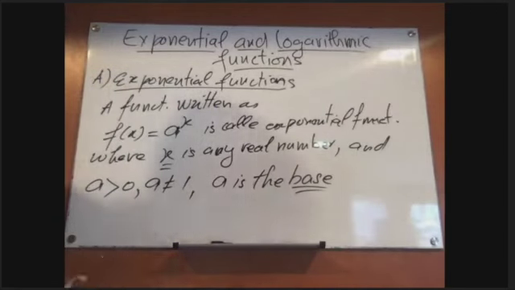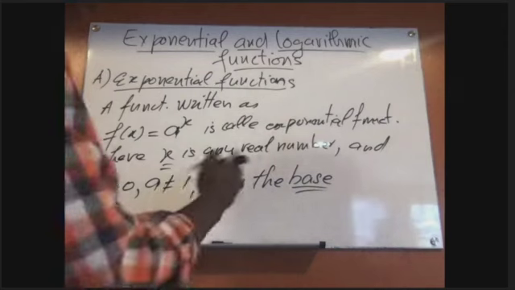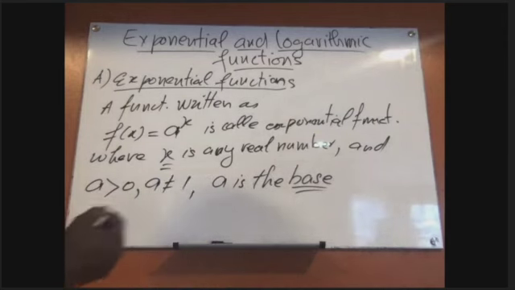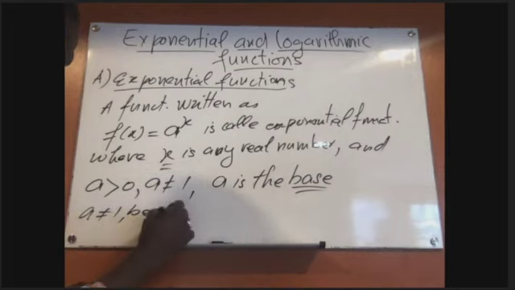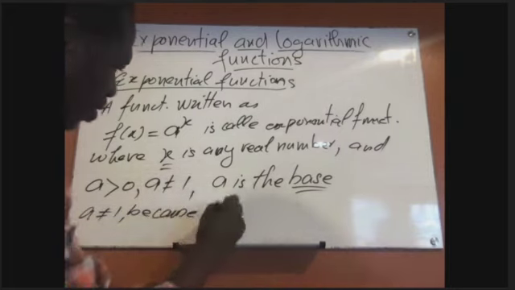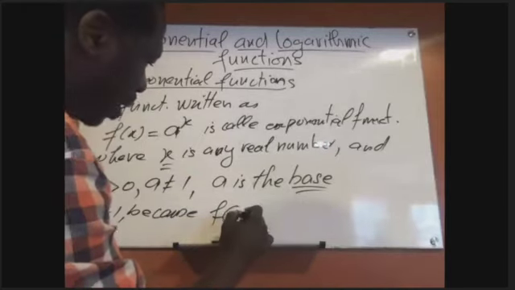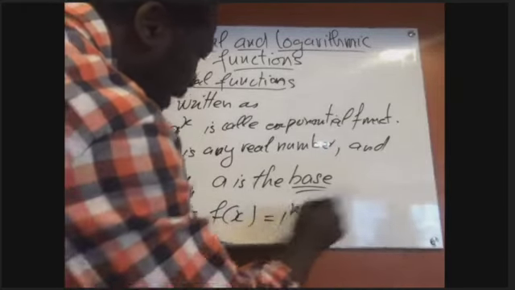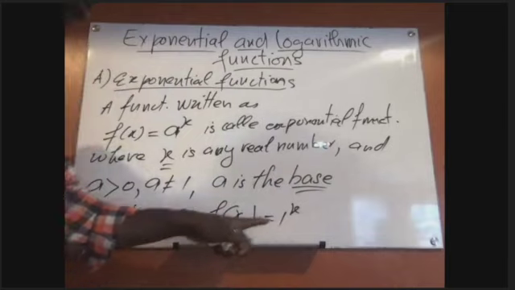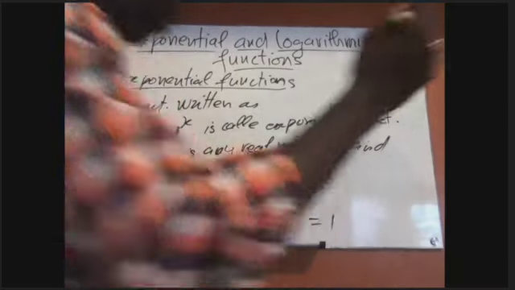Now, the reason why a cannot be 1 is because f of x equals 1 to the x, and 1 to the x is always equal to 1.